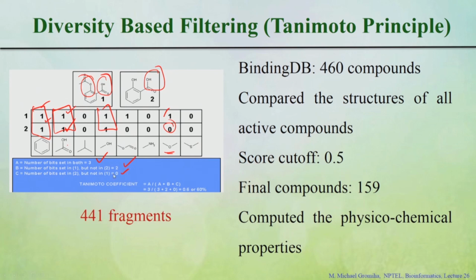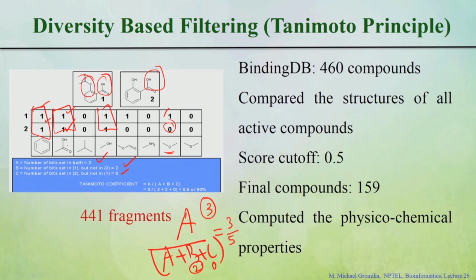If this is the case, you can calculate the Tanimoto coefficient using the equation A by A plus B plus C, right. So, A equals 3, B equals 2, C equals 0. So, in this case it equals 3 by 5, 3 plus 2, which is 60% or 0.6, right.